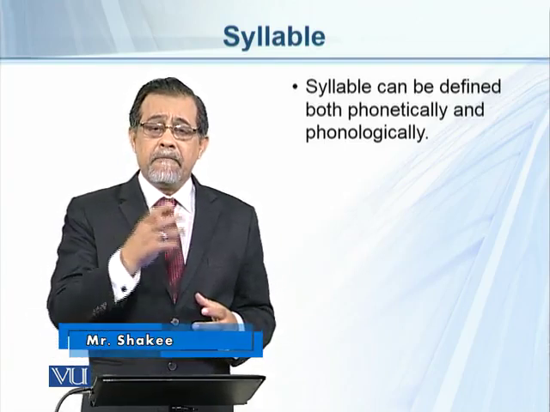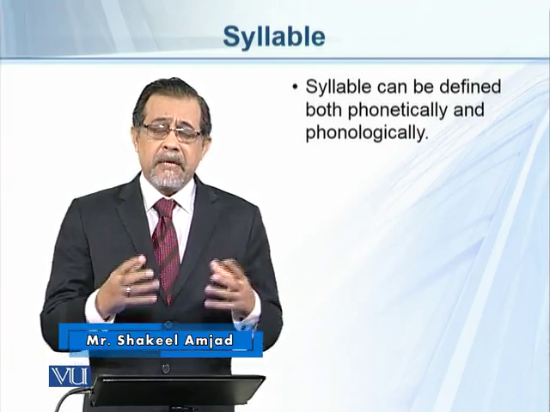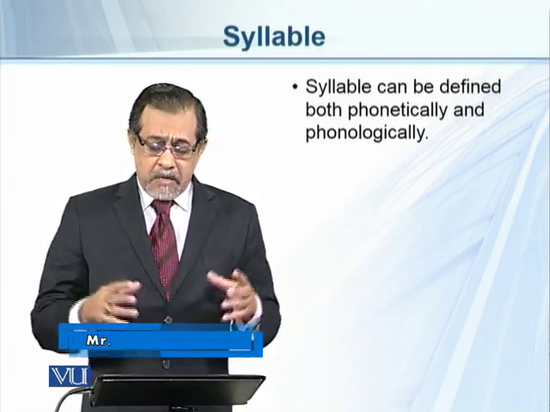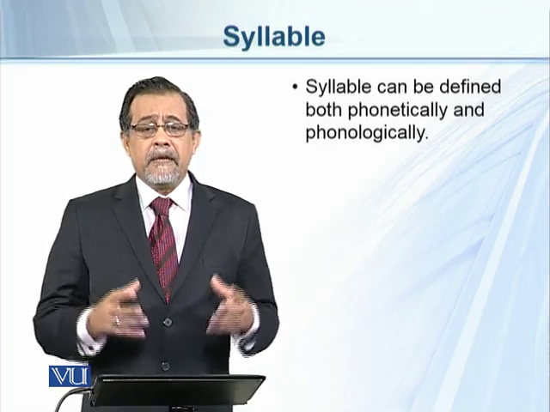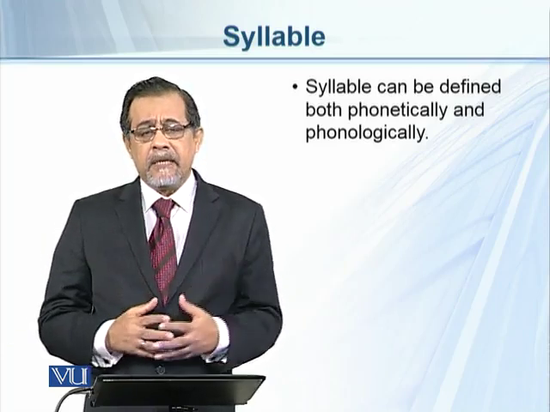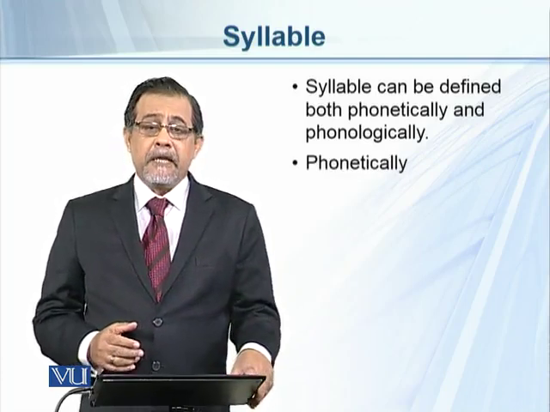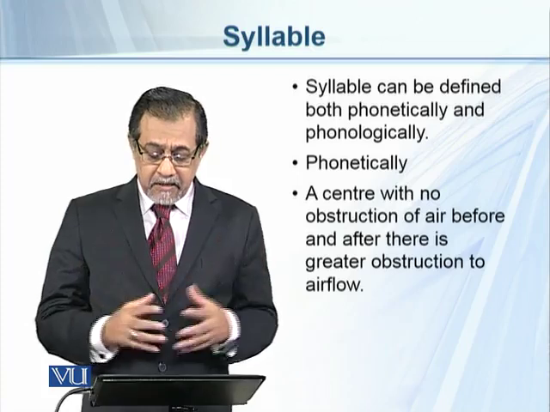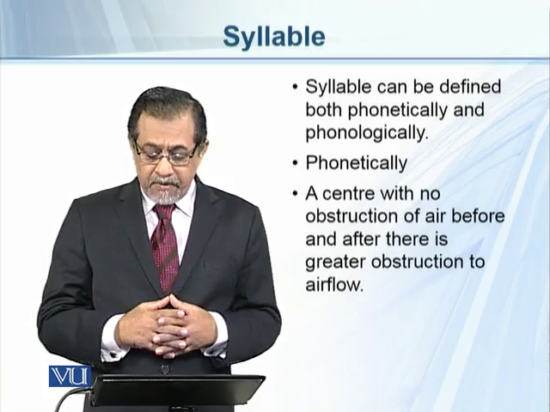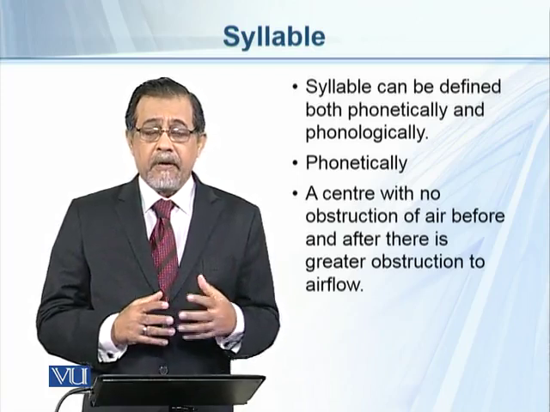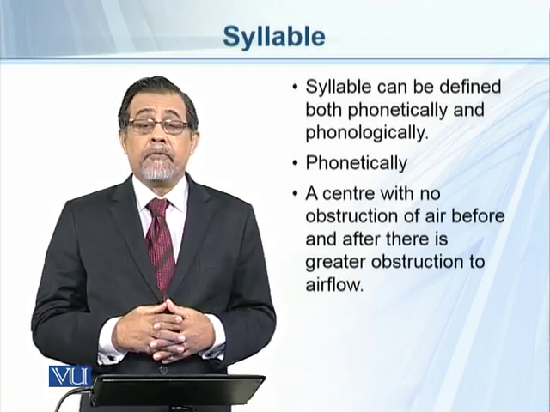Phonologically defining vowels and consonants, we say that they have certain different distributions. Similarly, we can define a syllable phonetically and phonologically. Phonetically, we can say that a center with no obstruction of air has, before and after, greater obstruction to airflow.